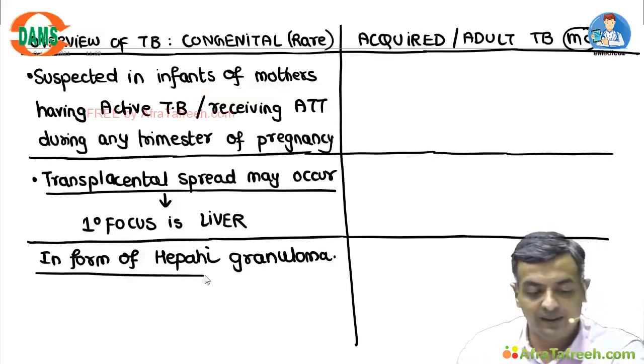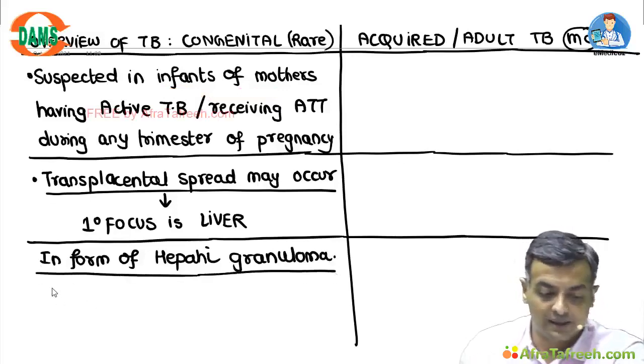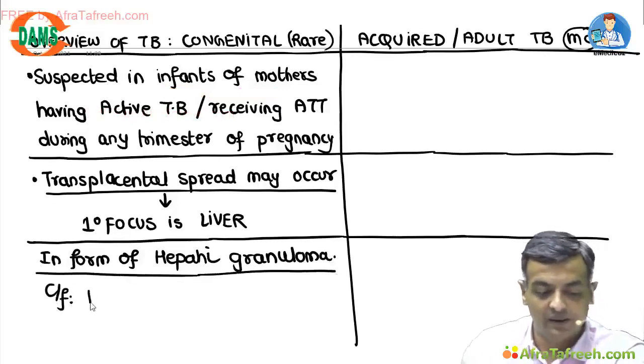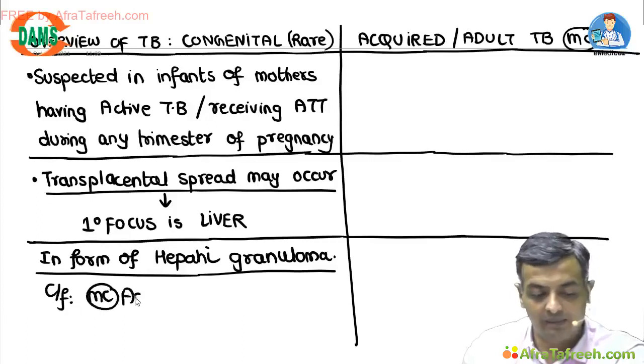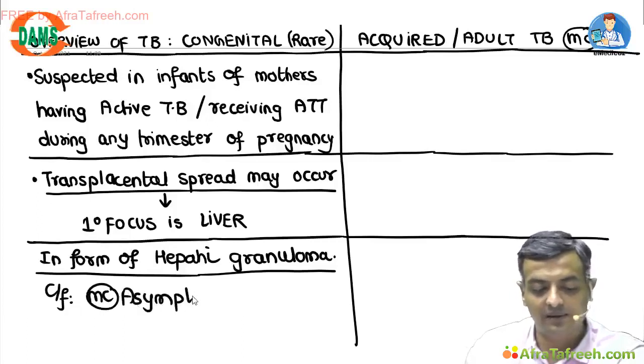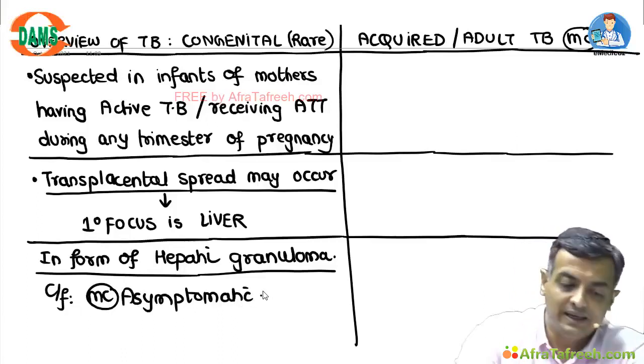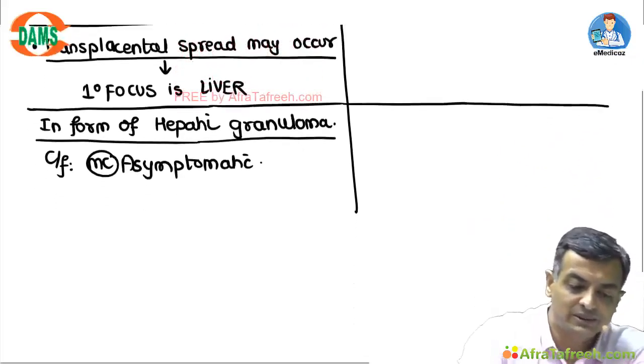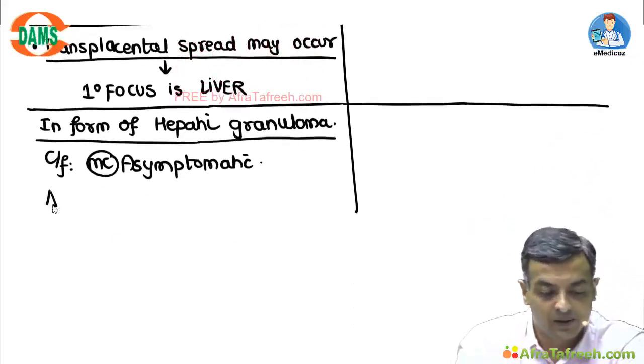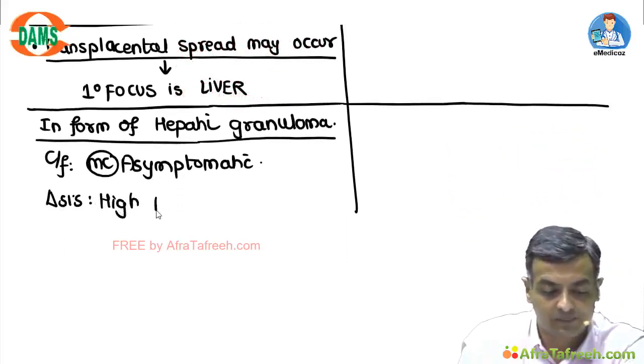But if you look at the clinical features, the granuloma itself most commonly remains asymptomatic, and that is why to diagnose congenital TB you need a high index of suspicion.